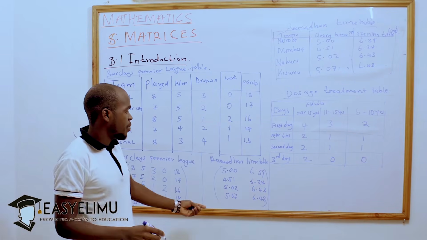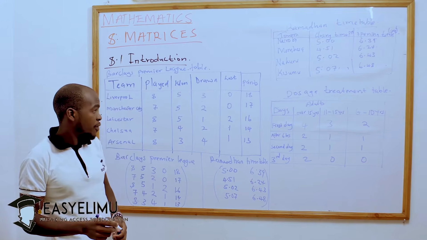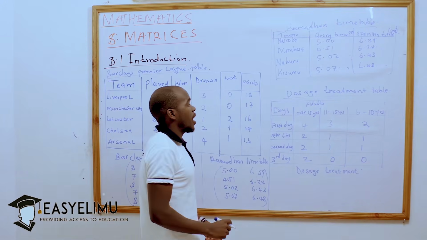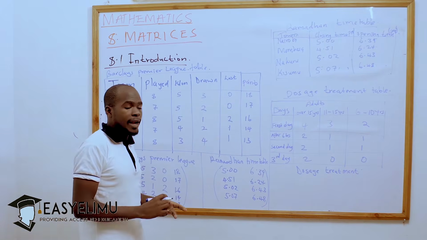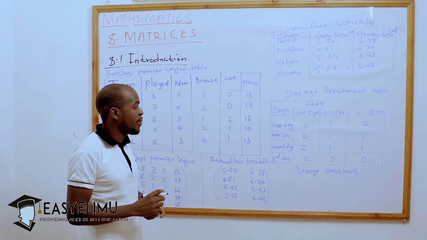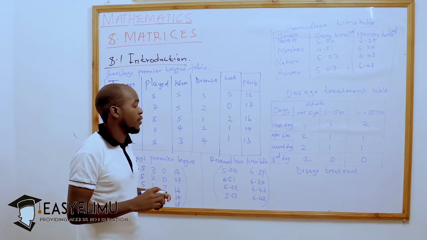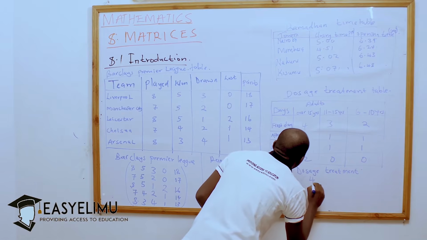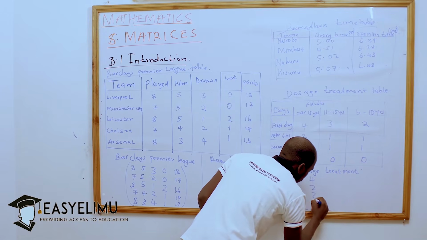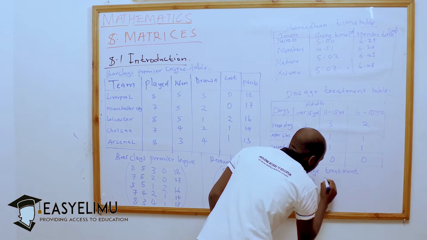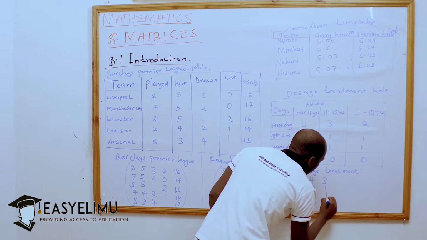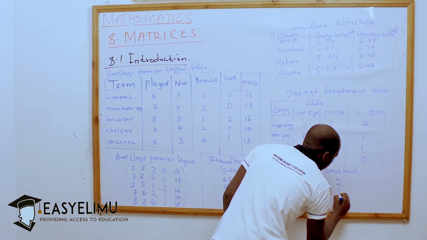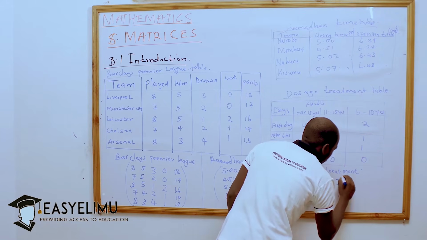We can find the table is represented in that kind of form, and that of the dosage treatment table matrix. After understanding the headlines, we can still omit them and write them in a matrix form, and we shall form a matrix of the form 4, 2, 2, 2, and then 3, 1, 1, 0, and here 2, 1, 1, 0.